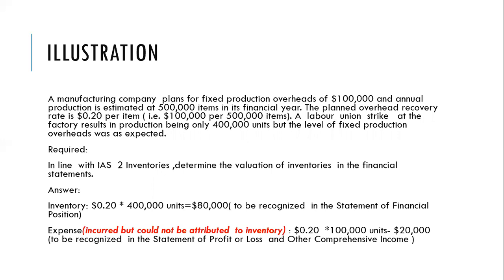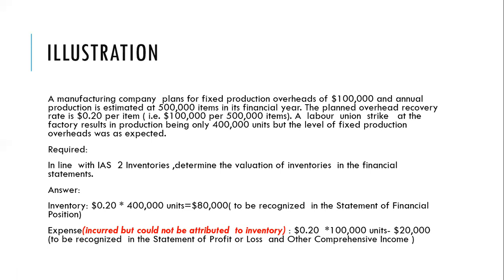But remember, we actually produced only 400,000 units. So the valuation of the inventory is $0.2 multiplied by 400,000 units, which gives us $80,000 to be recognized in the statement of financial position as the valuation of the inventory.